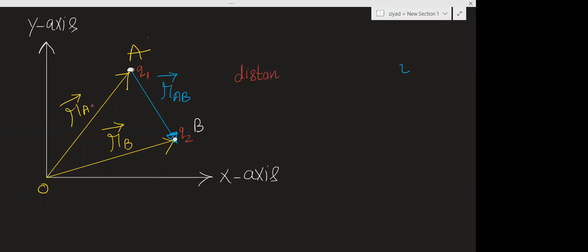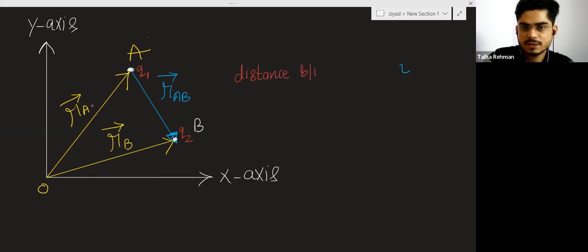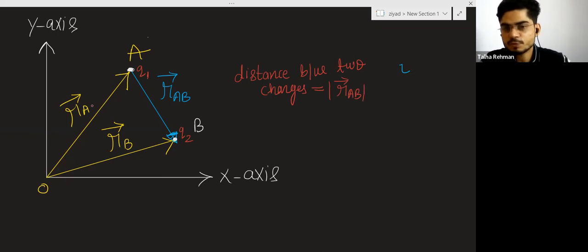So for the distance between two charges, you will take the magnitude of this. I have told you like this, this magnitude of the position vector will give you the distance between the two charges.